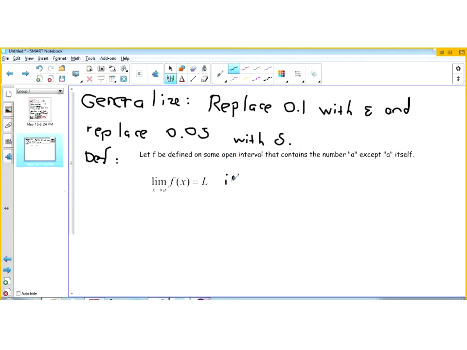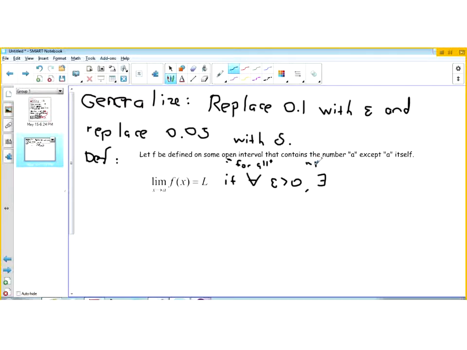If, okay, now I'm going to write some mathematical symbols and I'll explain what that means. So upside down A, like this, means for all. Okay, so rather than writing out the words for all, I'm going to write down an upside down A. Okay, so this limit equals L if for all epsilon greater than 0, there exists.